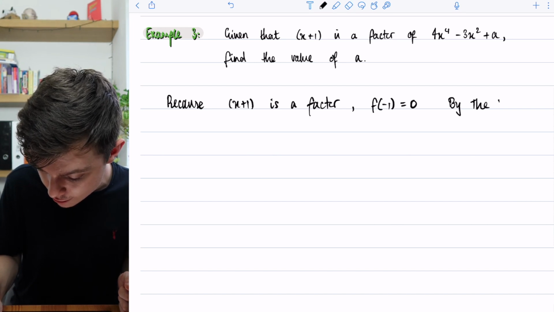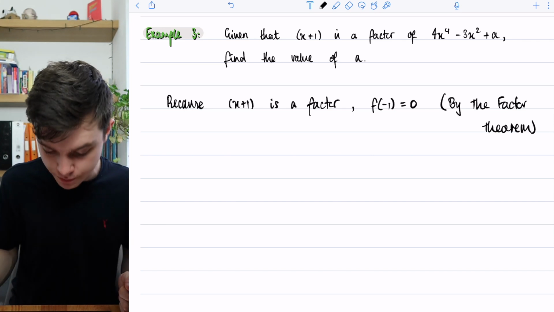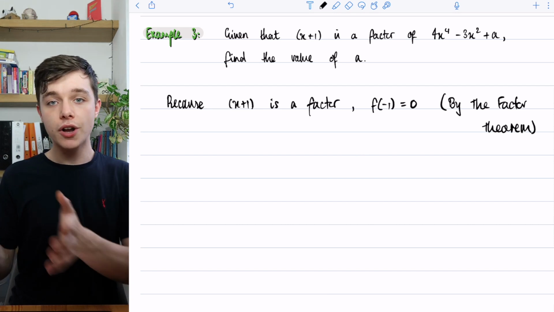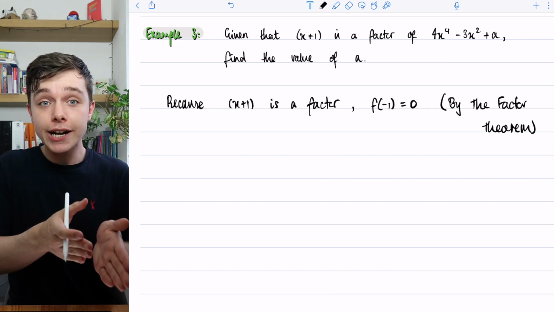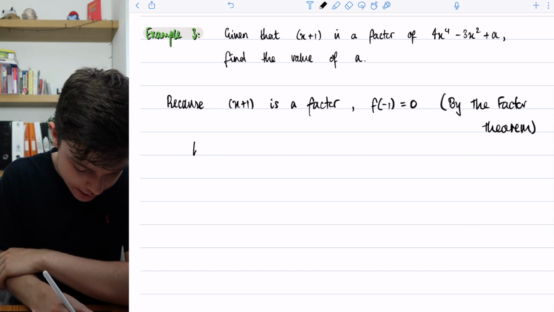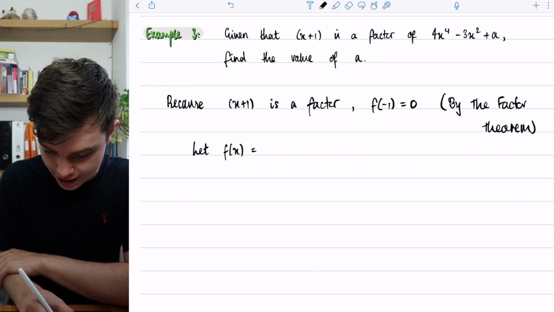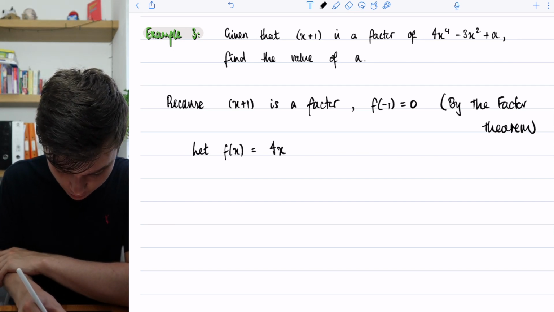By the factor theorem. It's always useful to state what you're using. So here I am using the factor theorem, okay? So f of minus 1 is 0. Let's substitute minus 1 into what I'm calling f of x. Okay, so let f of x be equal to our quartic in this case, because the highest power is 4.